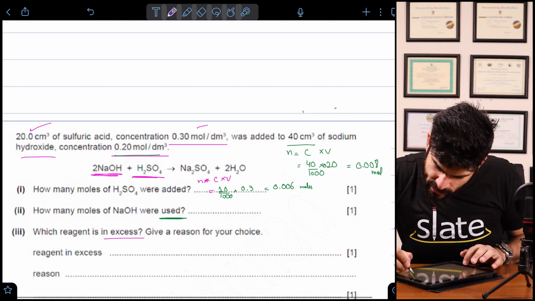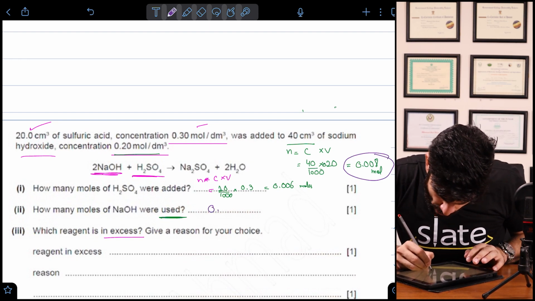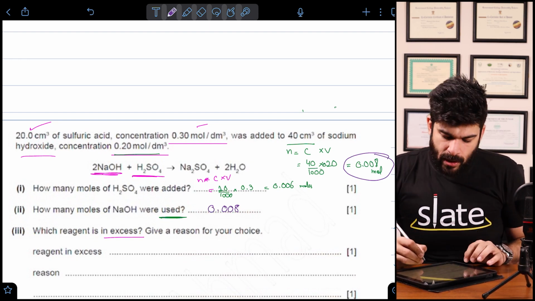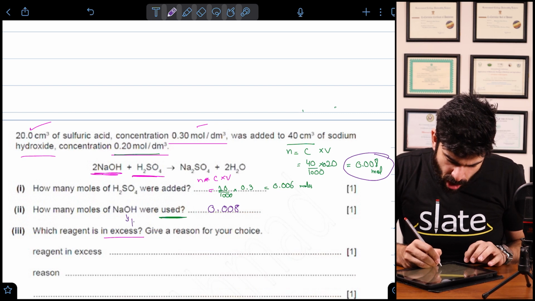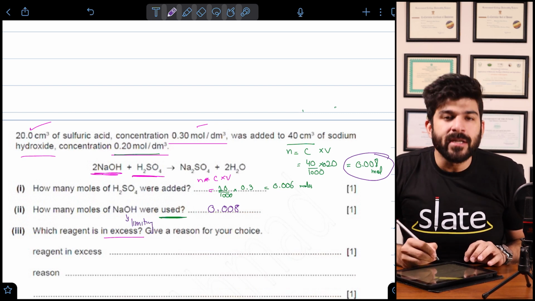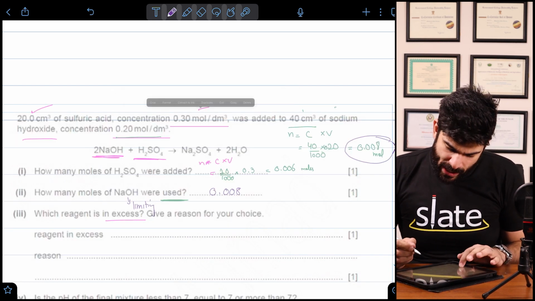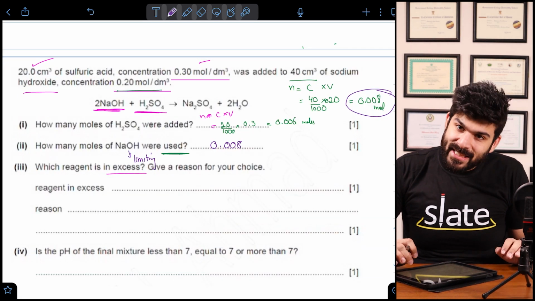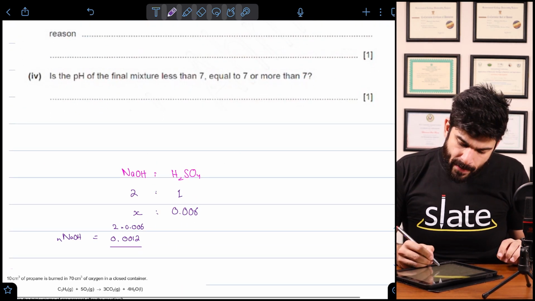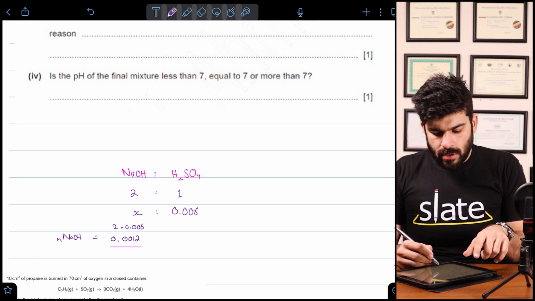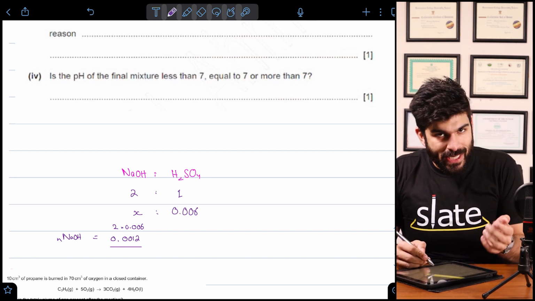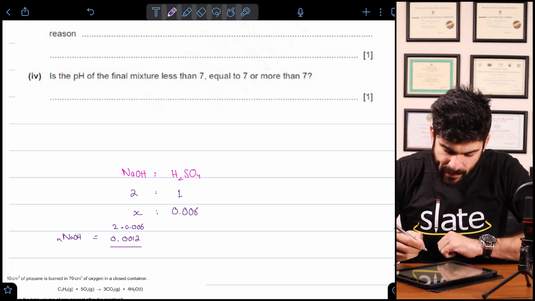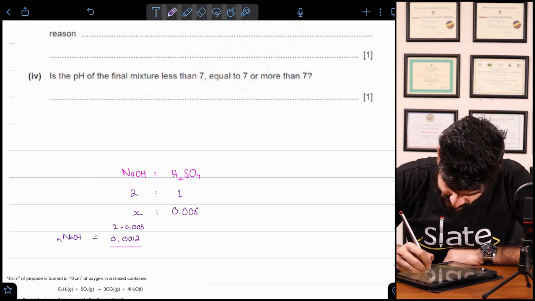But how many moles of NaOH do we have? 0.008. So that makes NaOH our limiting reagent. And that is why H2SO4 is in excess, because we should have had more moles of H2SO4. That's why it's in excess.